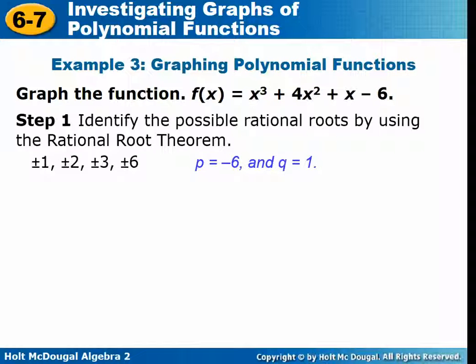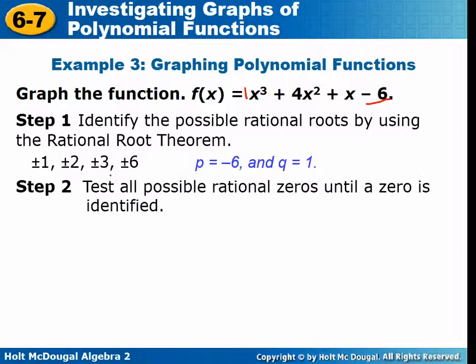Take your negative 6, that's your p, and your q is 1, and we are going to write all of the possible factors of those. So the possible factors would be plus or minus 1, plus or minus 2, plus or minus 3, and plus or minus 6. Those are all the factors of, well, really of negative 6.